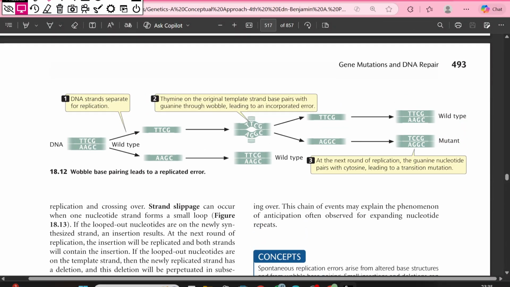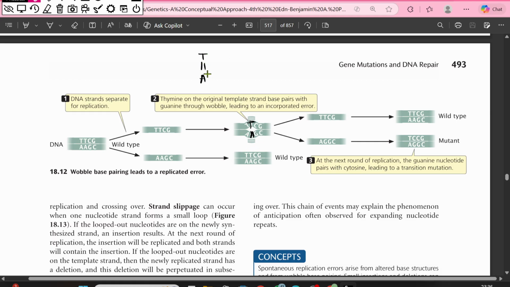Sometimes, if wobble base pairing has occurred, suppose with the thymine, let's say after this thymine the guanine has been inserted. Now if this guanine has been inserted, what should happen? This is thymine and it has to base pair with adenine. We know that thymine will base pair with adenine.